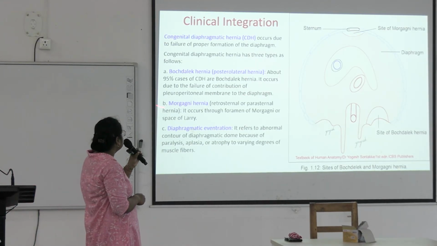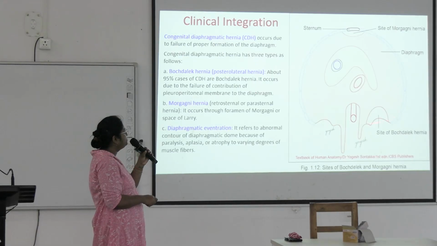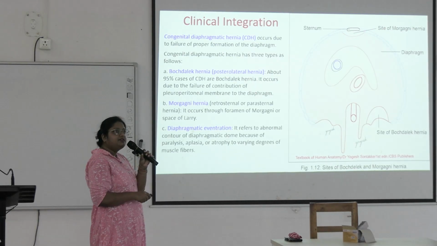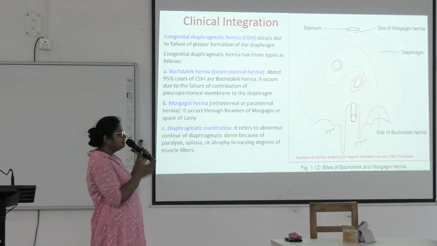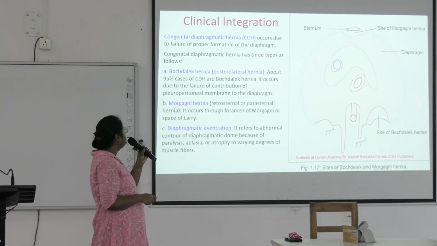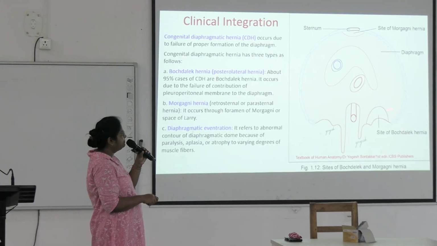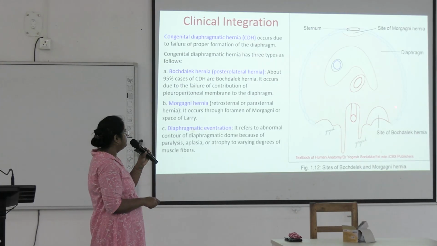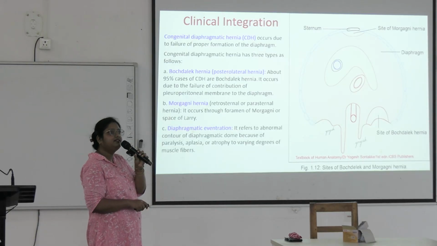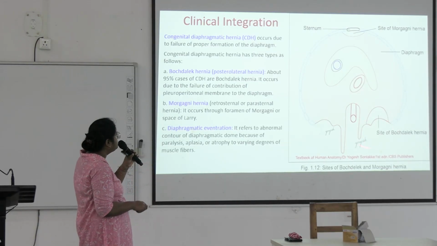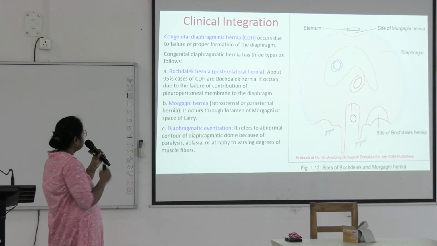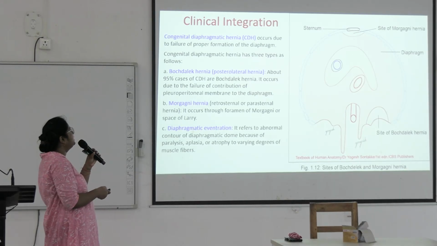The pleuroperitoneal membrane forms the peripheral part of the diaphragm. So in this area, the pleuroperitoneal membrane does not contribute to development, and a gap forms in the diaphragm, leading to Bochdalek's hernia.